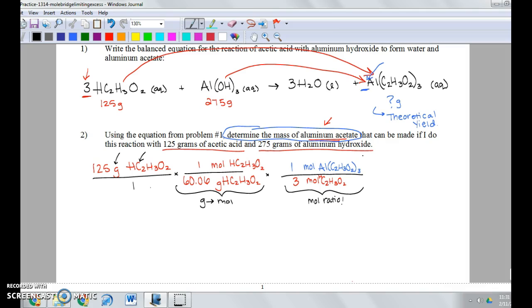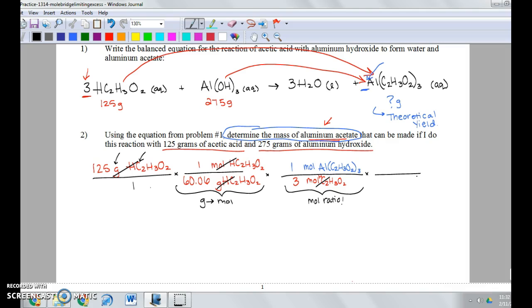Now that we're currently in moles of Al(C2H3O2)3, okay? We've gotten rid of grams of acetic acid. We've gotten rid of moles of acetic acid. So now we're left with moles of this new product. So then we have to convert to grams.